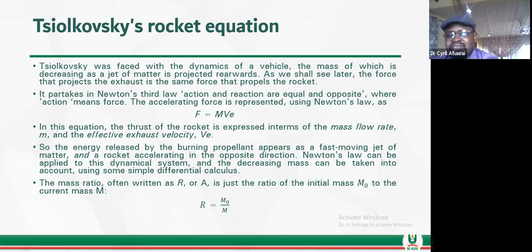That's the effective exhaust velocity. F is force in newtons, and m is mass in kilograms. So the thrust of the rocket is expressed in terms of mass flow rate, m, and the effective exhaust velocity, V subscript E.